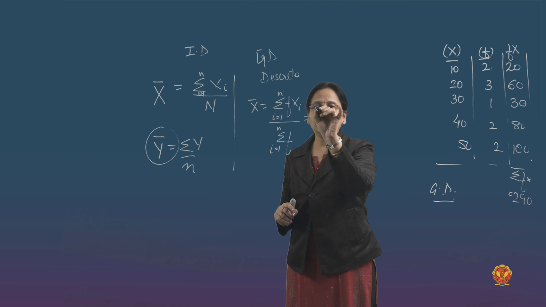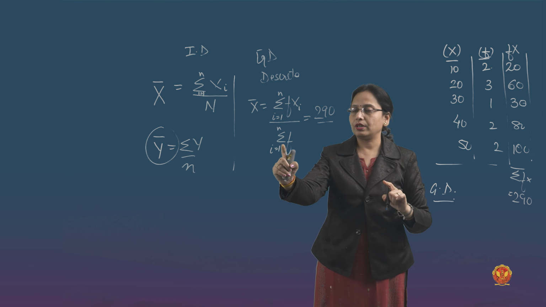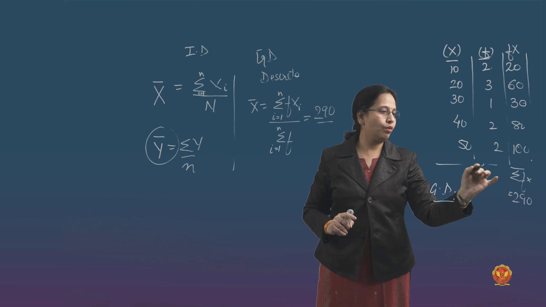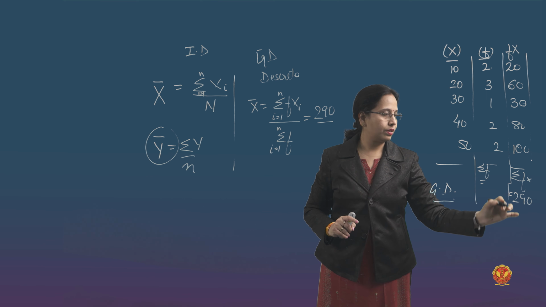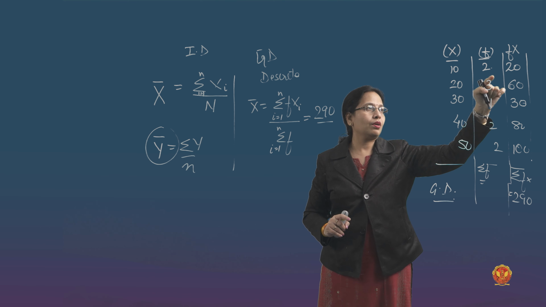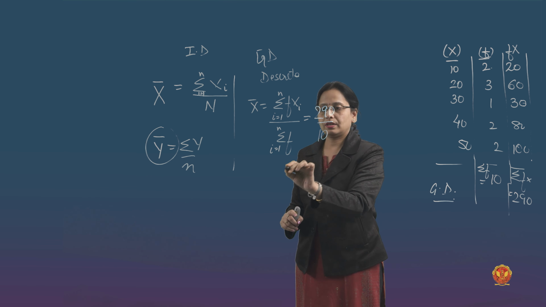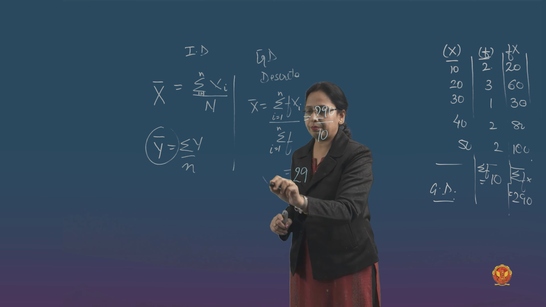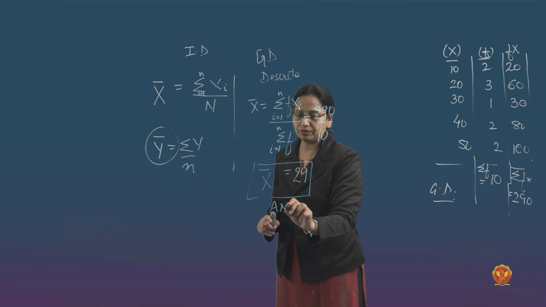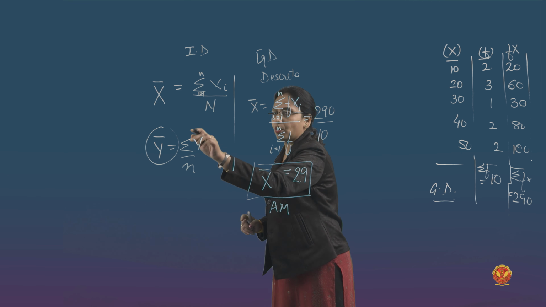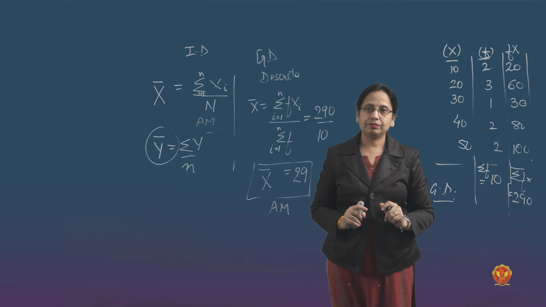Put it in the formula: 290 divided by, make sure the denominator is the addition of the frequencies, the second column. The second column stands for the frequency. This is 5, 6, 9, 10. So it comes to 29. Simple formula of calculating the arithmetic mean in the case of a discrete series, and this is the formula for calculating the arithmetic mean in the case of an individual series.